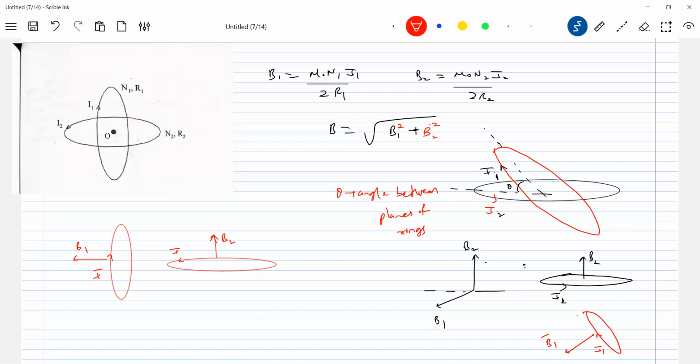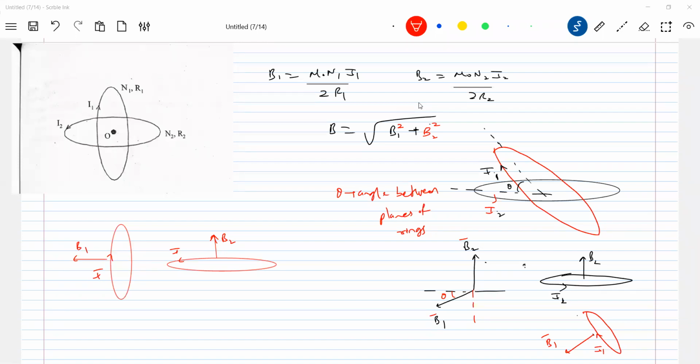So where does theta come in the vector diagram of B1 bar and B2 bar that you are going to introduce? This should be theta, no? Or the other angle should be theta. The angle between them will be 90 plus theta.